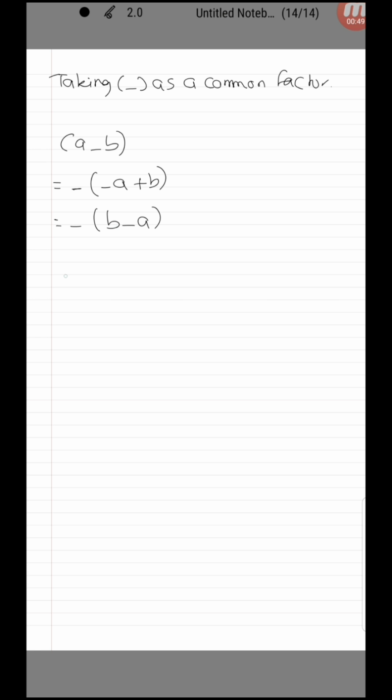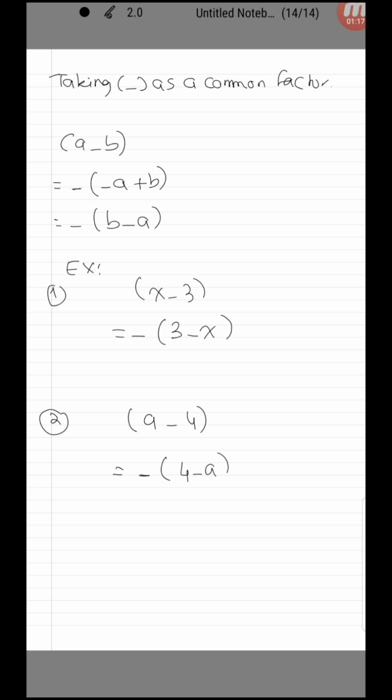For example, x minus 3. If I take minus as a common factor, it will become 3 minus x. Now, another example, if I have 2 minus a, it is the same as a minus 2.